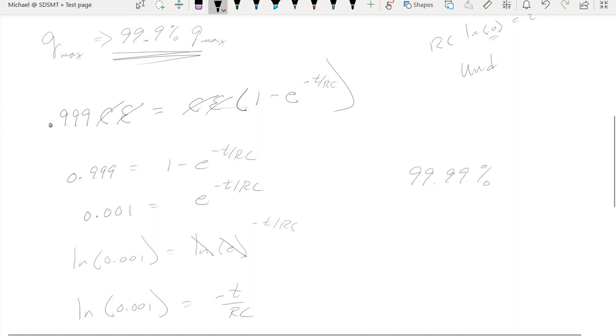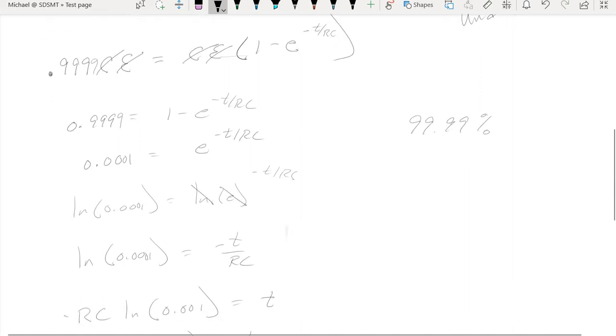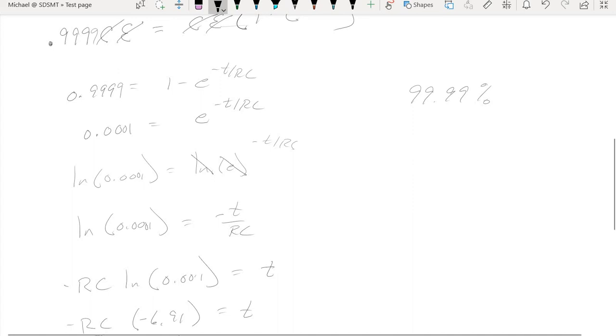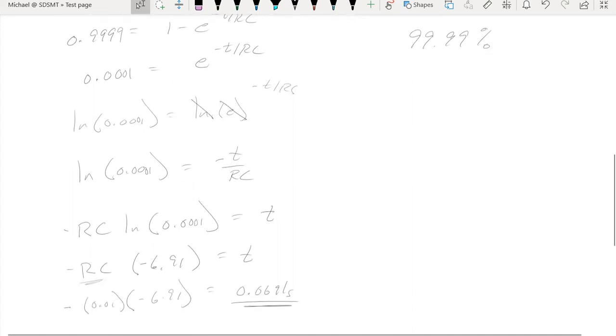In that case, we would add an extra 9 to our work, which means we would have to add an extra 0 inside our decimal, and that means that instead of a negative 6.91, the natural log of 0.0001 is actually negative 9.2.